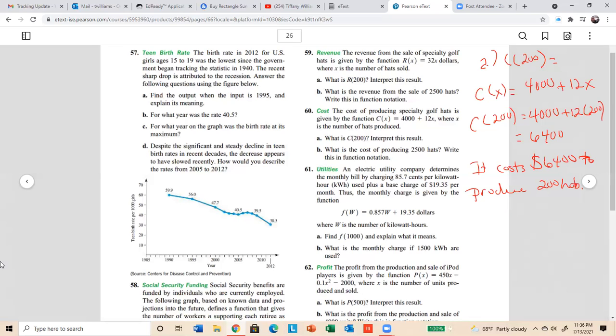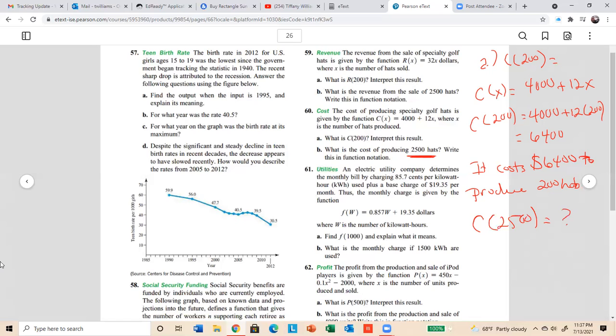All right, part B. What is the cost of producing 2,500 hats? And they do ask us to write this in function notation. Nope, let me back up here. I read that wrong. They're telling me that we've got 2,500 hats. So C of 2,500 equals what? Very same thing as we did last time.